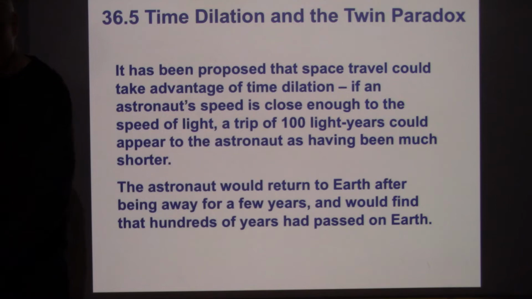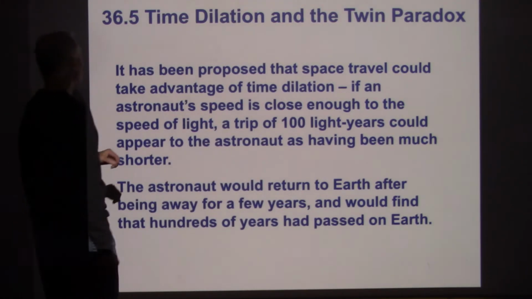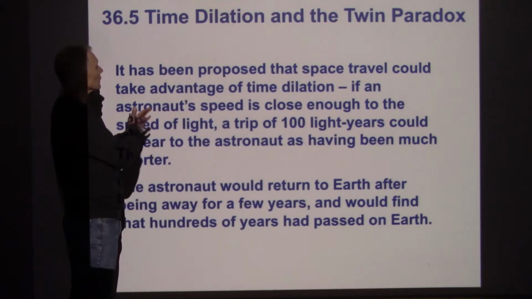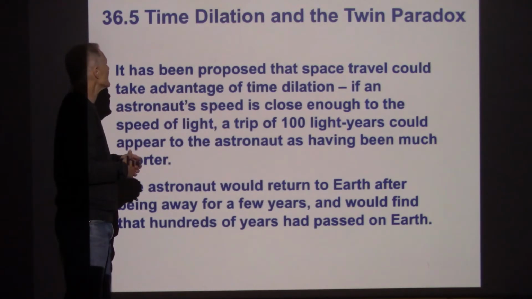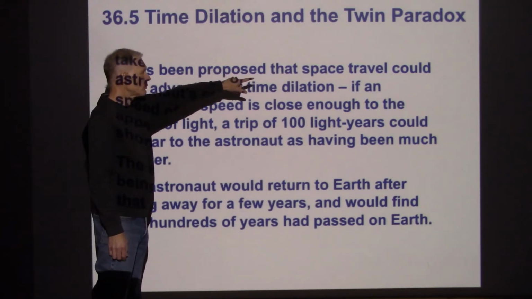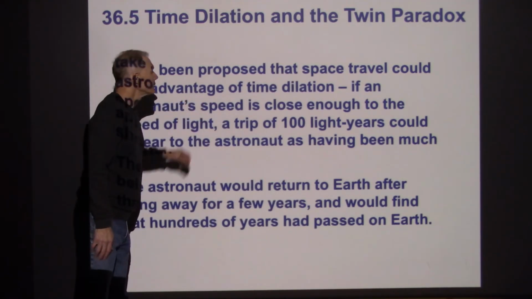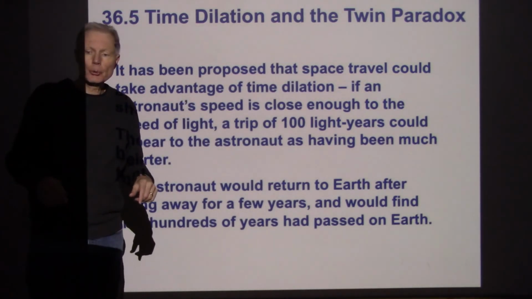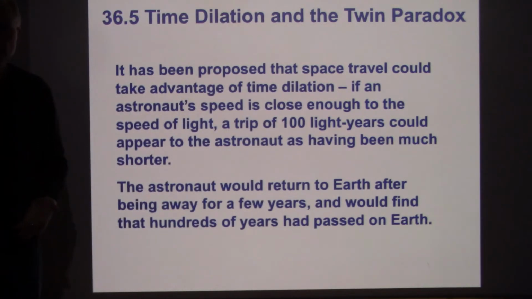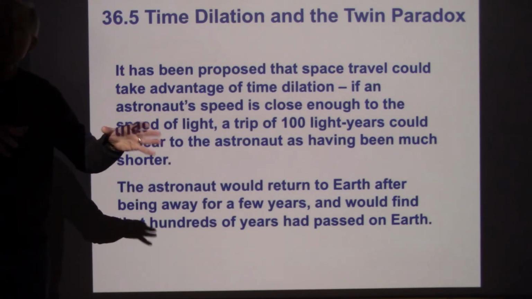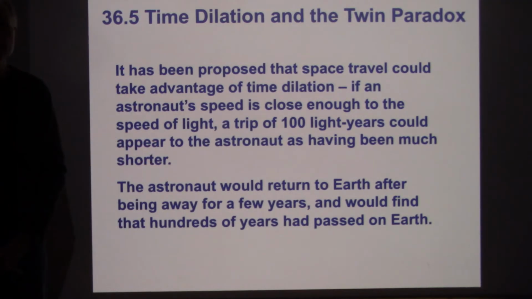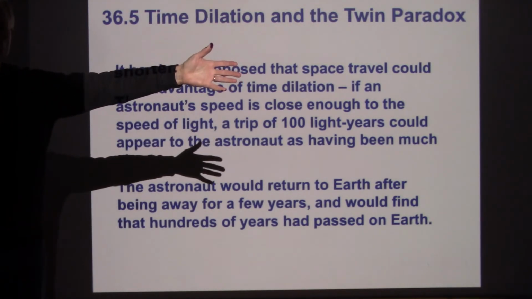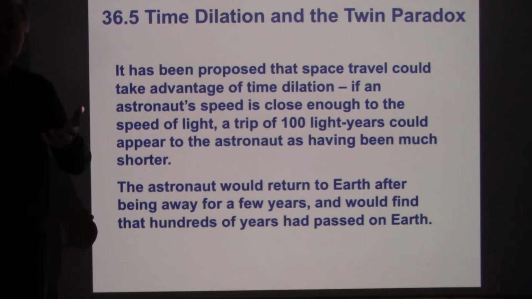All right, here is the traditional problem dealing with length and time effects, and that is space travel. It's been suggested that you could use a really, really high velocity spacecraft to travel far, far distances, and that the astronauts going along on that would not have very much time pass.